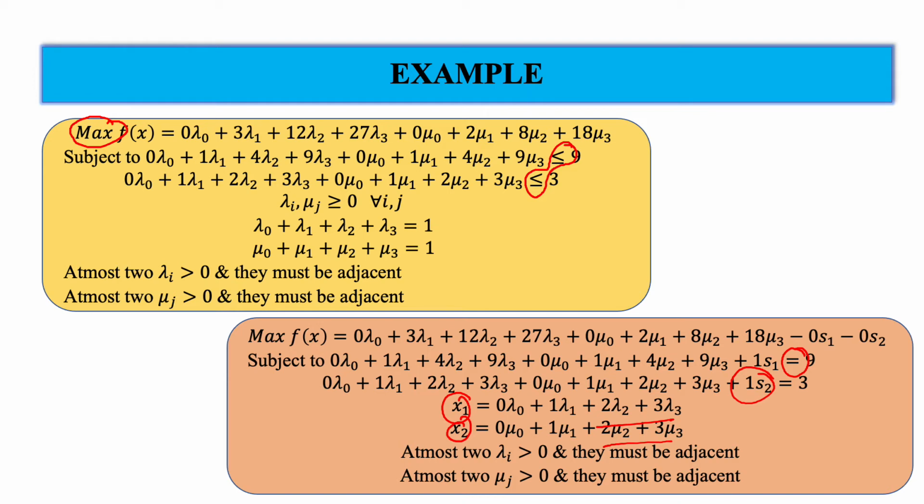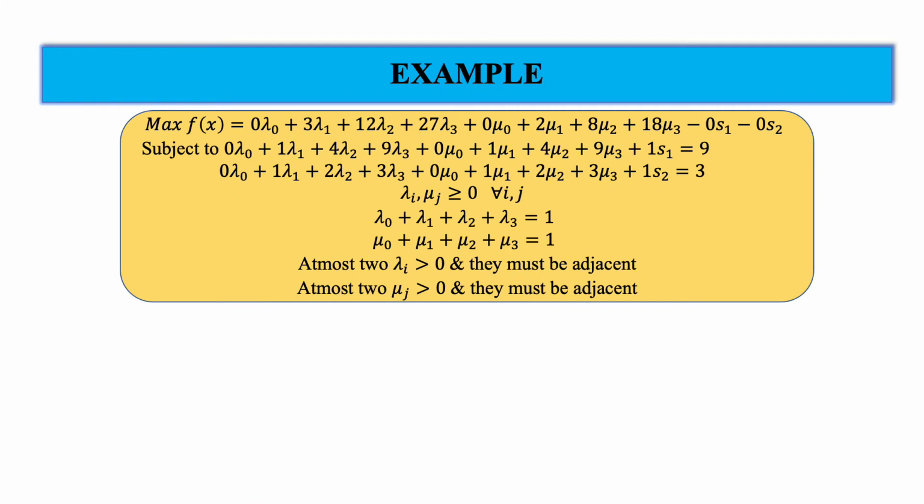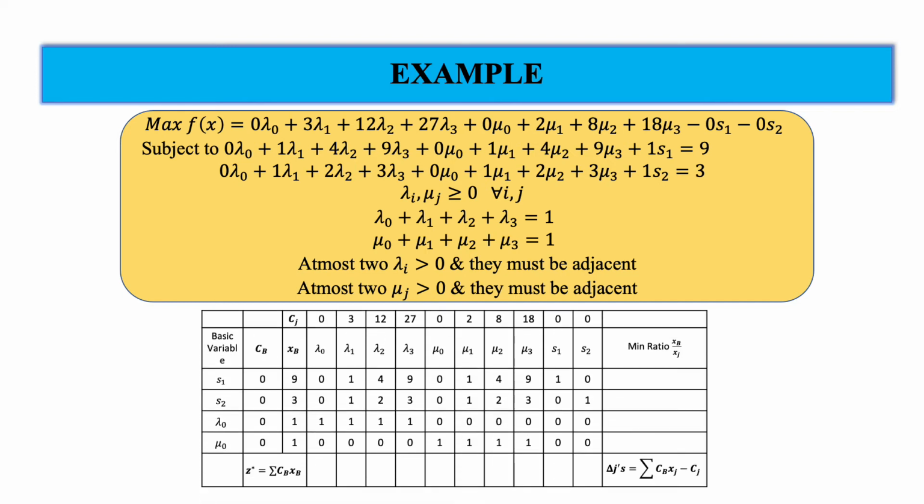Now we will first draw the simplex table. We have seen that this is an LPP problem, and how to solve it? We will make the simplex table as we have seen in the simplex method, two-phase method. Here we are writing the coefficients of all the basic variables in the objective function, that is 0, 0, 0, 0.